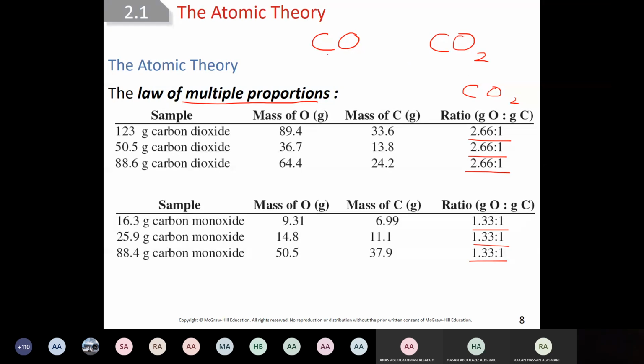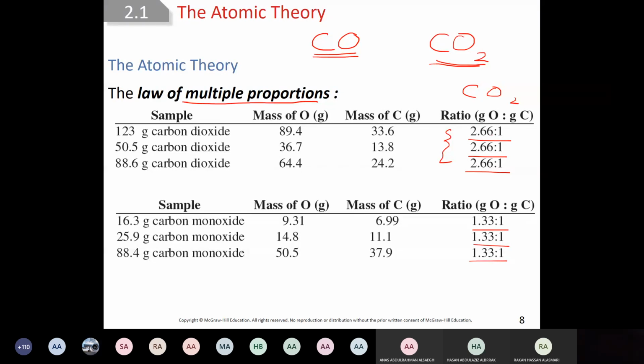How many elements does this compound consist of? Carbon and oxygen. How about this one? How many elements? Two. What are they? Carbon and oxygen. Then for each one we have a definite proportion like this one.